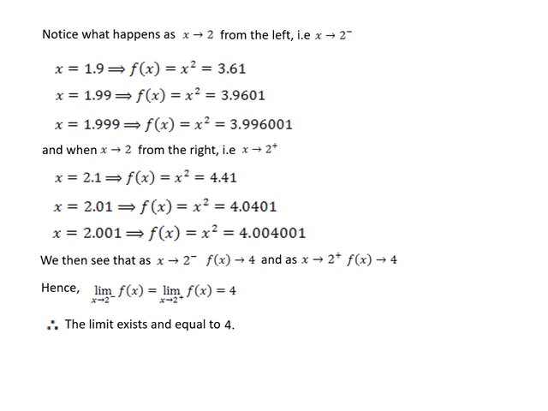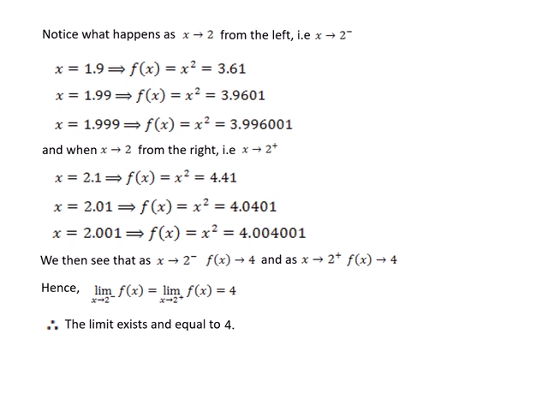So we now see that as we apply the method of left and right hand limits, we are able to get the same answer. Hence, limit f of s as s approaches 2 from the negative side is equal to limit f of s as s approaches 2 from the positive side, which is also equal to 4.